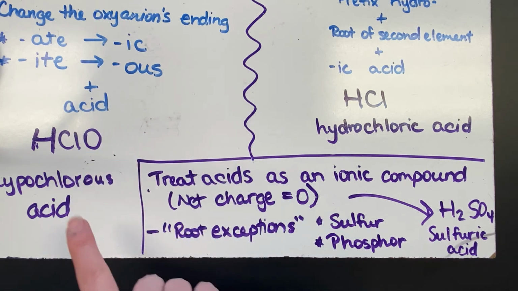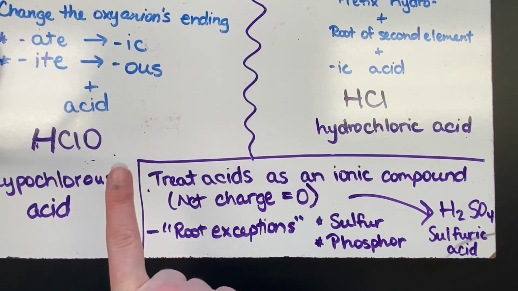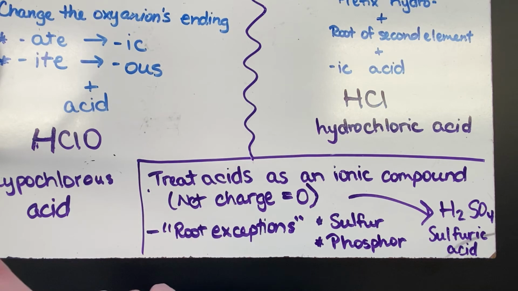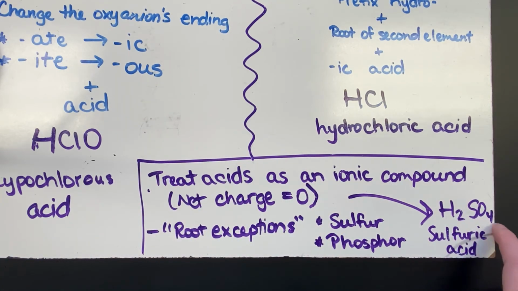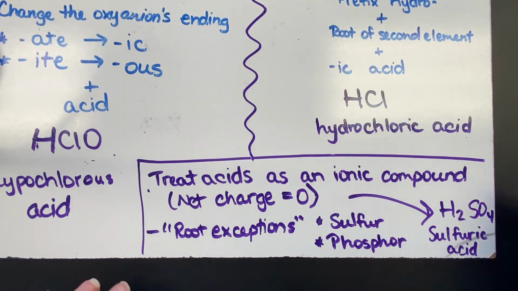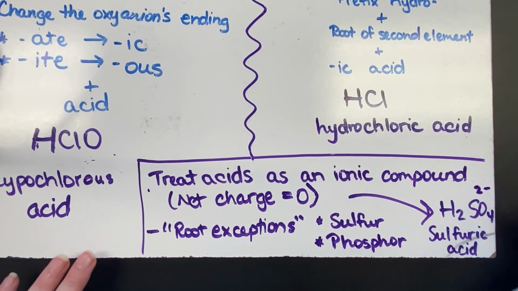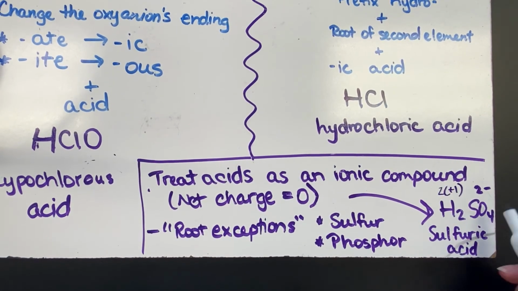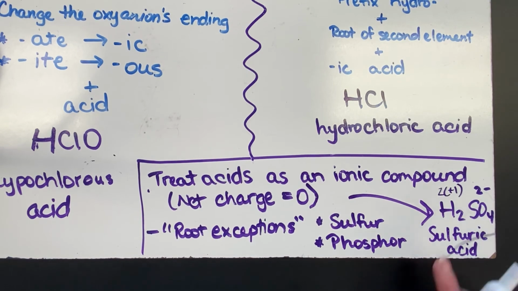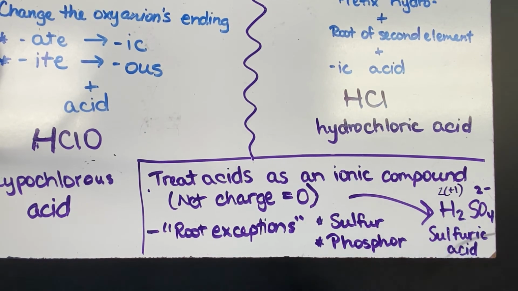You don't need parentheses because you'll only have one of that molecule and you'll have multiple of the hydrogens. Like with sulfate, it has a -2 charge. That's why I needed 2 of my +1 hydrogens to balance that out to get a net charge equal to 0. So just make sure that you balance out your hydrogens.